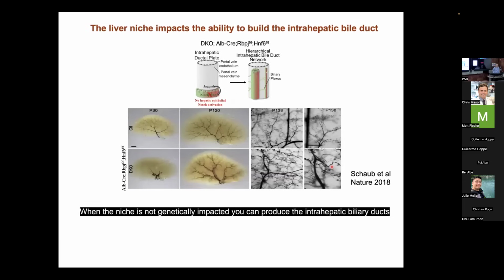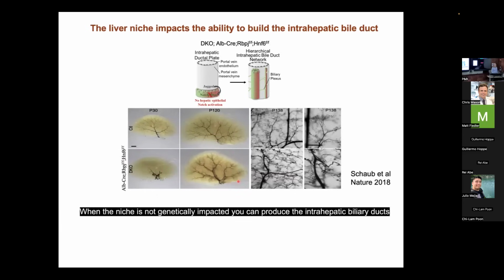And so the mouse phenocopies this well. And it wound up identifying something pretty wild. Okay, so this was published now, 6 years ago. And what she found is if you make the defect only in the hepatocytes, and this is ultimately going to impact the bile ducts, and knock out the ability to respond to Notch or Jagged, I should say, you can see here no bile ducts again, right? But look at 4 months, everything looks normal.